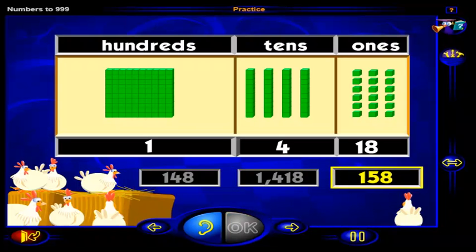That's it. There are 158 chickens altogether.